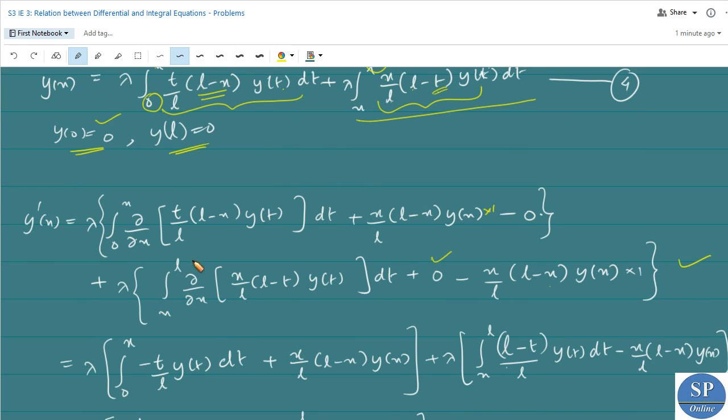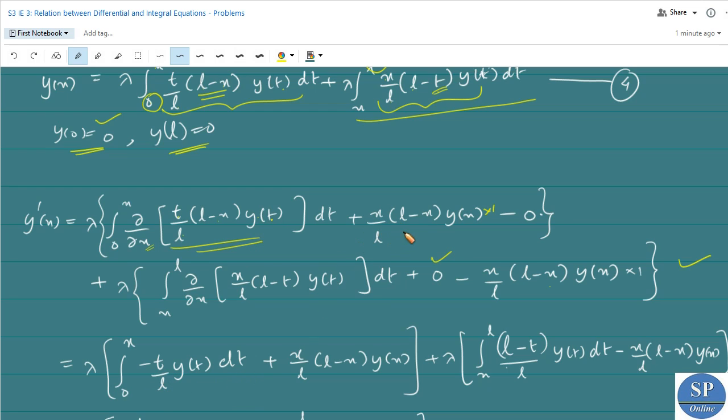Now we differentiate this with respect to x. Differentiating the first term gives 0, and the second term is t/L times minus y(t), that is, minus t/L y(t) dt.